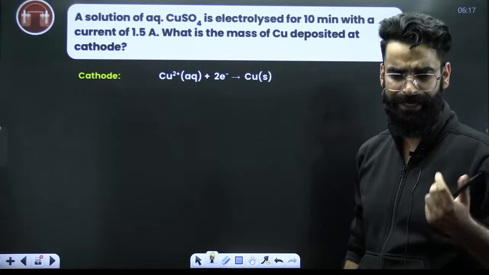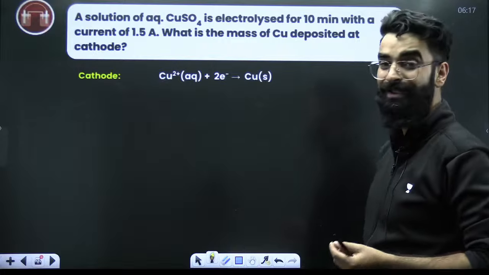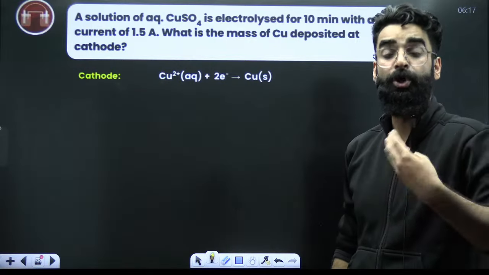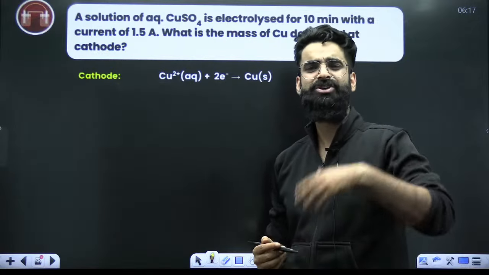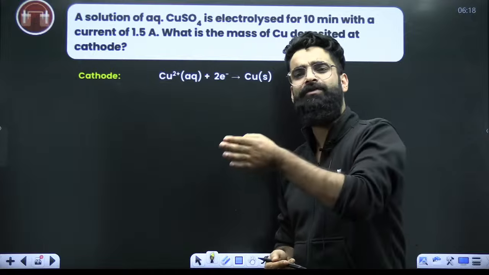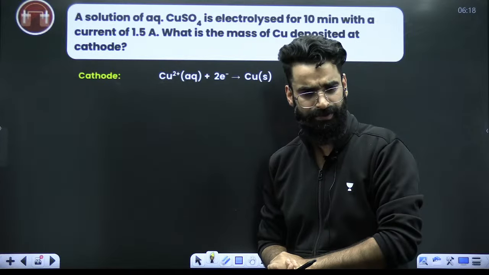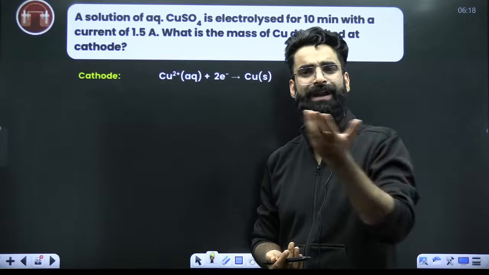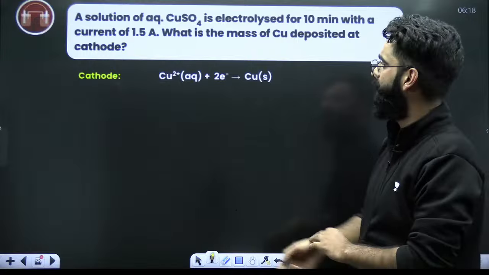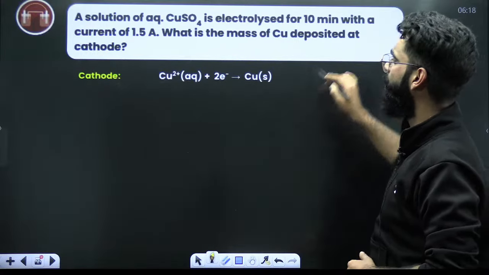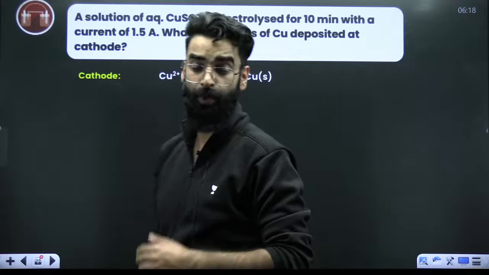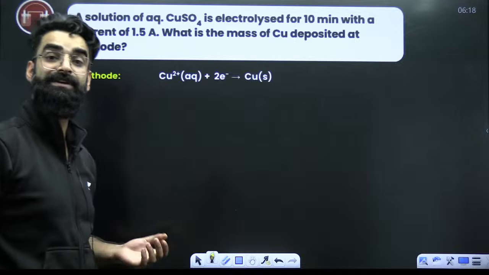What will happen? Electrolysis will happen, right? A reaction would have happened at the cathode and a reaction would have happened at the anode as well. Now the question is asking, what is the mass of copper deposited at the cathode?